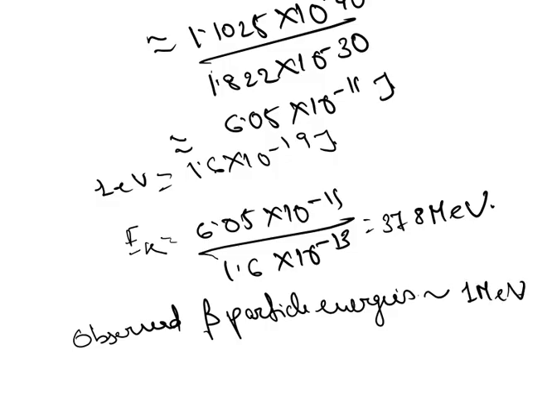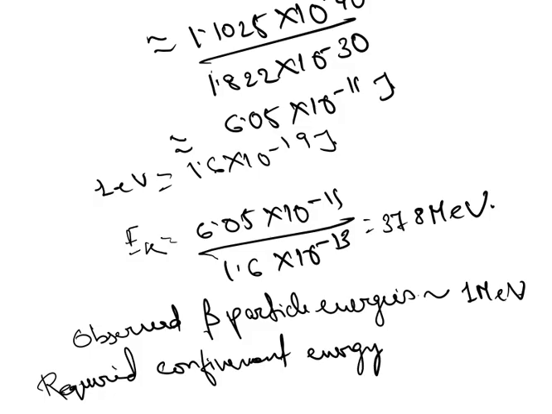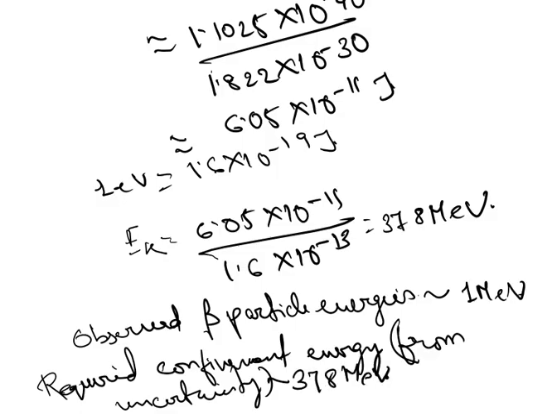The required confinement energy from the uncertainty principle is around 378 MeV.